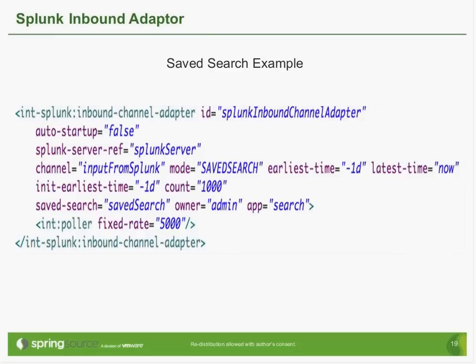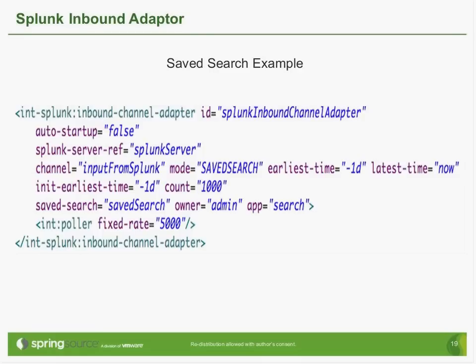In this case, we have a saved search mode, which means we'll be executing a saved search. So if we have that mode, we need a saved search attribute, which is a little bit lower down here, which is called saved search in this case, to indicate which saved search we're actually executing here.